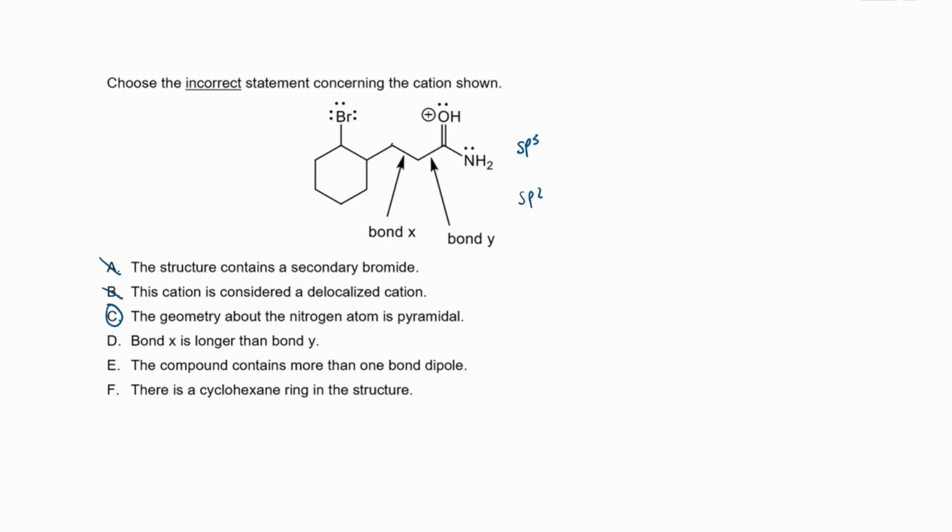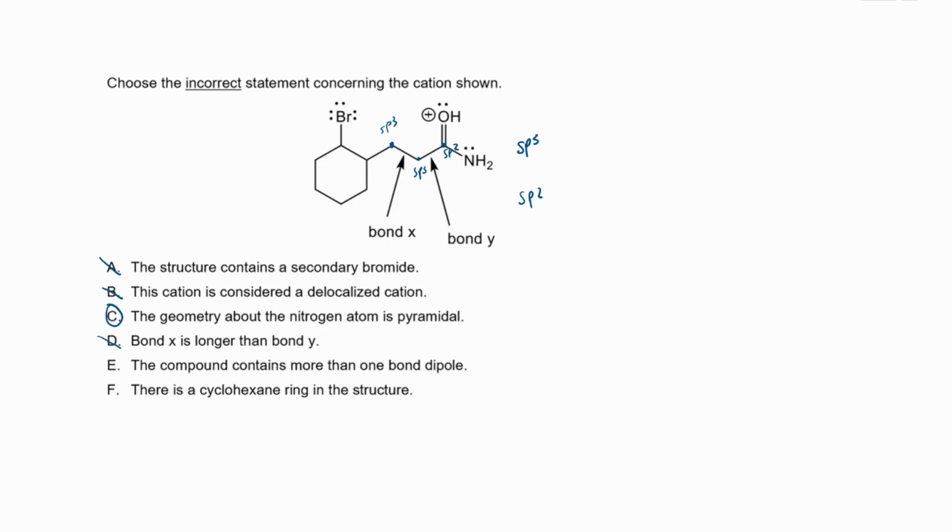So right, this carbon is sp3 because of the 2 hydrogen atoms. This carbon is also sp3. This carbon is sp2. So X is going to be longer than Y. So this is incorrect. You can also think of sp2 as in like it tugs a little bit more. So it's going to be a little bit shorter.